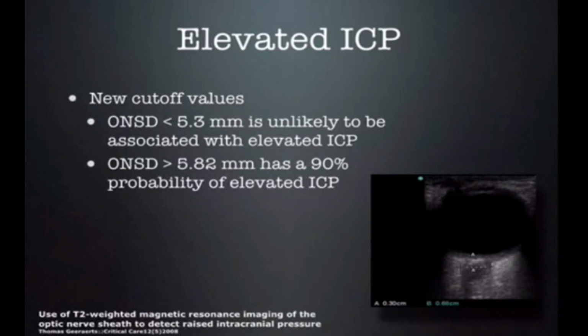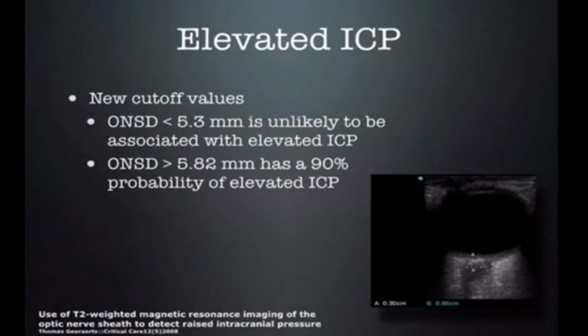This study that's down at the bottom is using an MRI to reconstruct the optic nerve sheath, and the findings were that an optic nerve sheath less than 5.3 millimeters is unlikely to be associated with elevated intracranial pressure. An optic nerve sheath greater than 5.82 millimeters has a 90% chance of being associated with elevated intracranial pressure. If you use ROC curves, the value is 5.6.